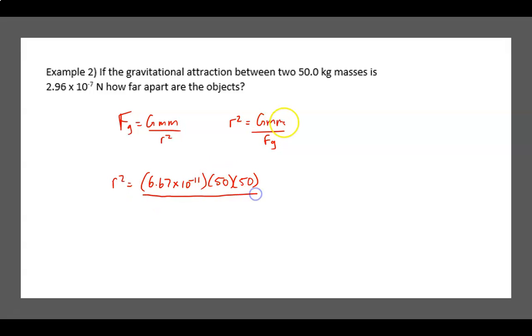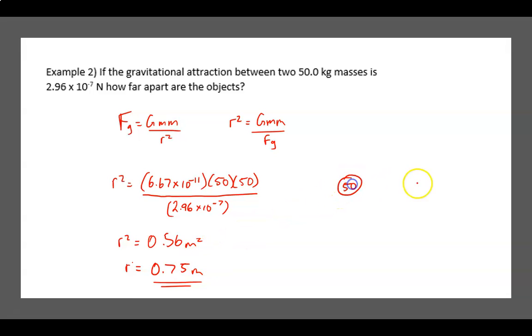Either way is fine. I'm just going to put 50 and 50. And the force of 2.96 times 10 to the negative 7 newtons, sorry. And so that radius, that distance between the centers, is 0.56 meters squared. And so r is the square root of that, 0.75 meters in distance. So they are 75 centimeters apart.